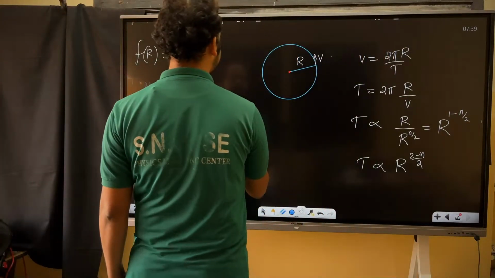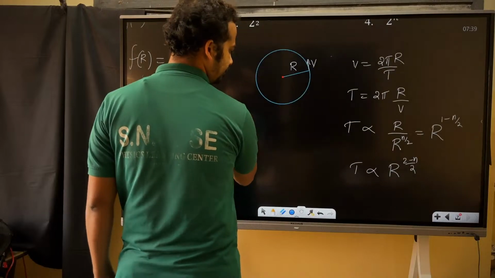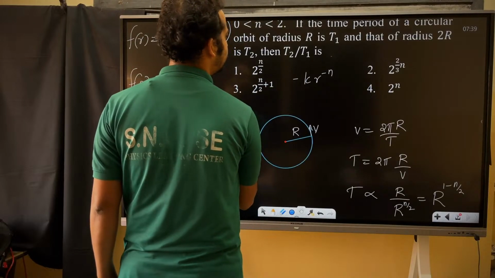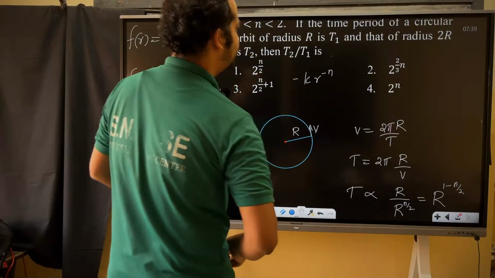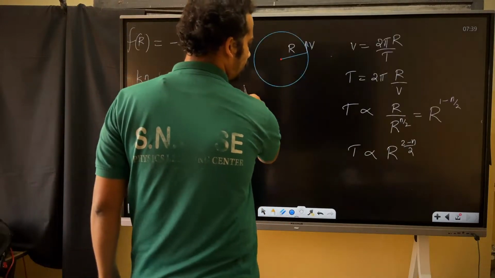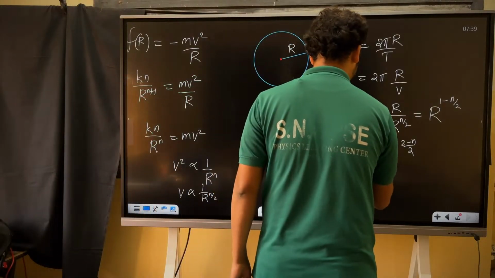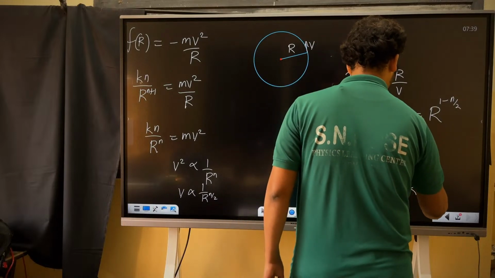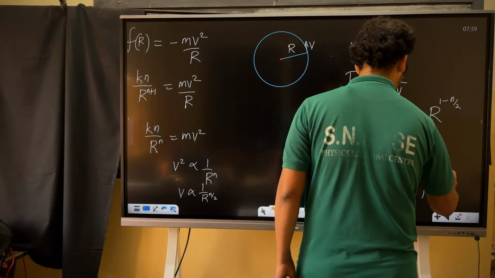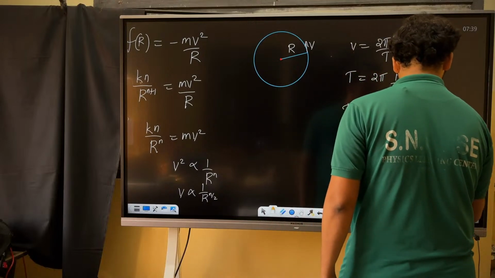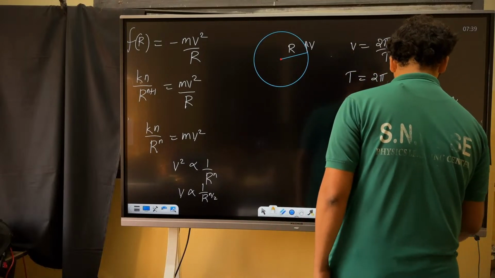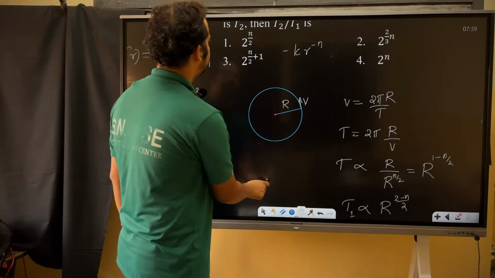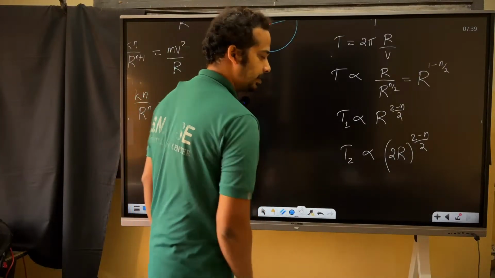Then, let me say this is T1. T2 is proportional to 2R power 2 minus n by 2. He's asking T2 by T1, isn't it?